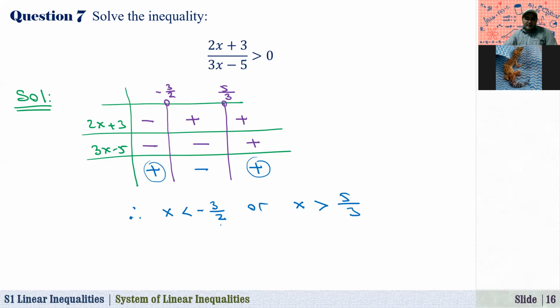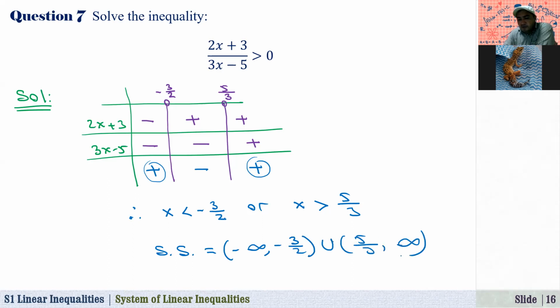That means that if you just pick any number from this interval or from this interval, it will be positive. And the solution set of this inequality will be minus infinity to minus 3 over 2 union 5 over 3 to positive infinity.